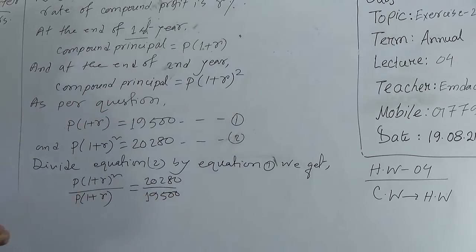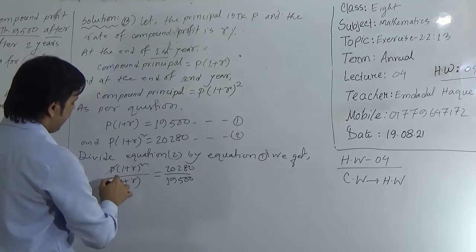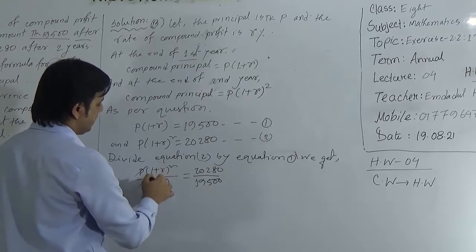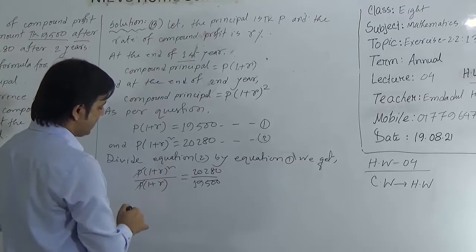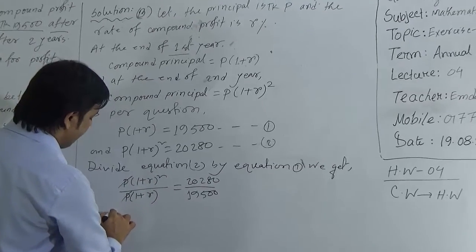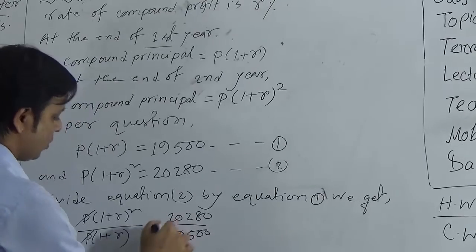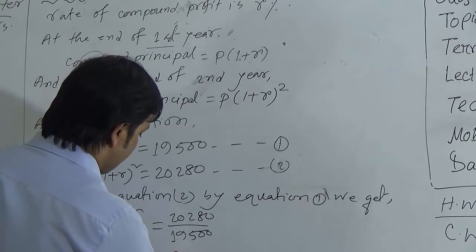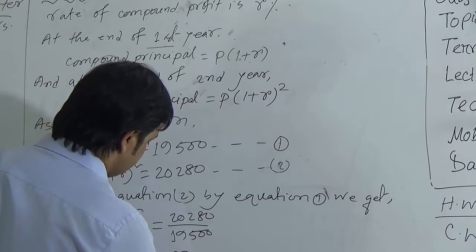Okay dear students, now you can notice here this P and P will vanish each other, and here is 1 plus R whole square and here is 1 plus R. So if we divide, we will get the value of 1 plus R equal to 20,280 divided by 19,500.